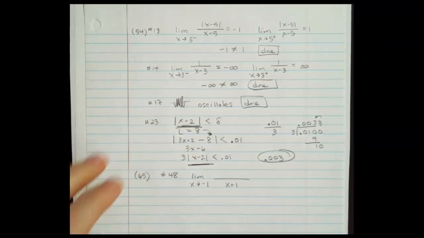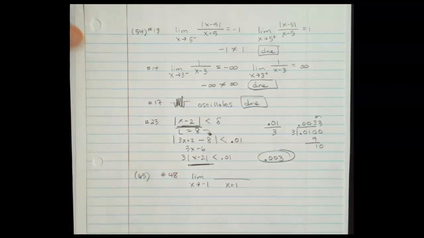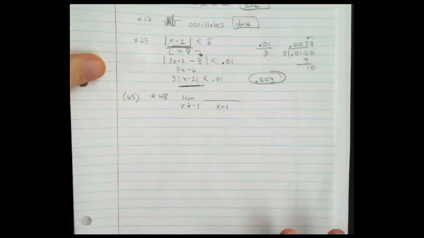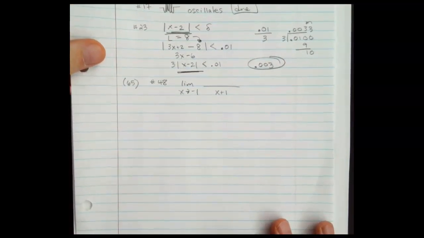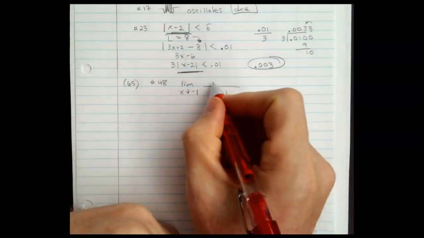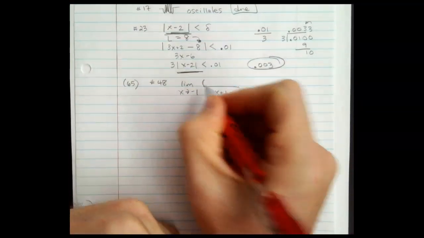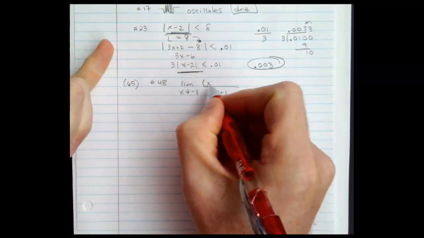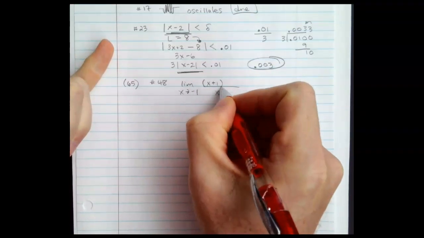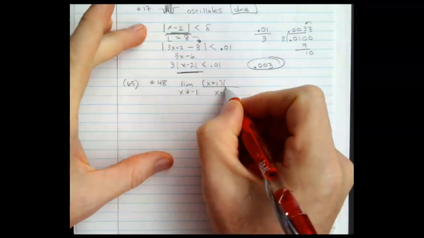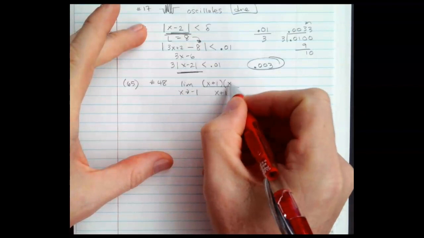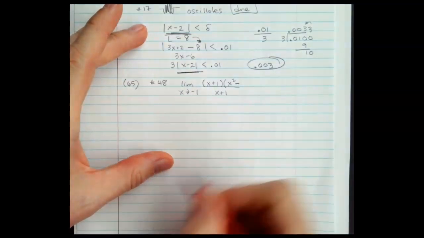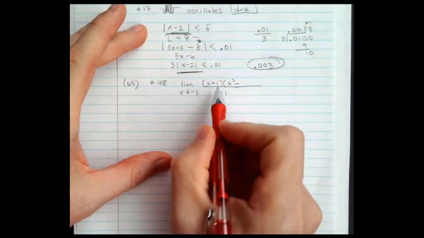So x cubed plus 1 is the sum of two cubes. I went over that in your notes 3 times. You take the cube root, same sign, cube root. And then you square the first thing, and then you take the opposite sign. Then you multiply these together.